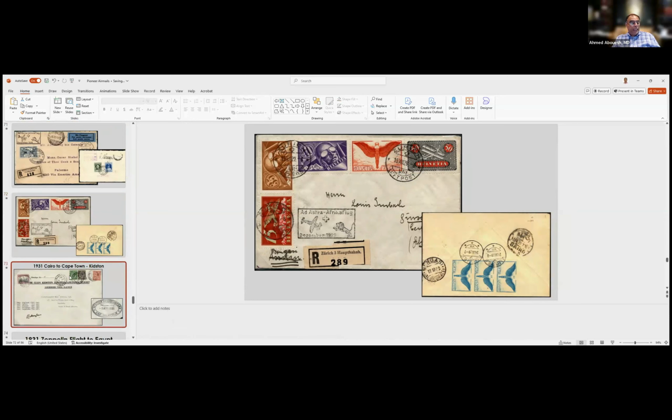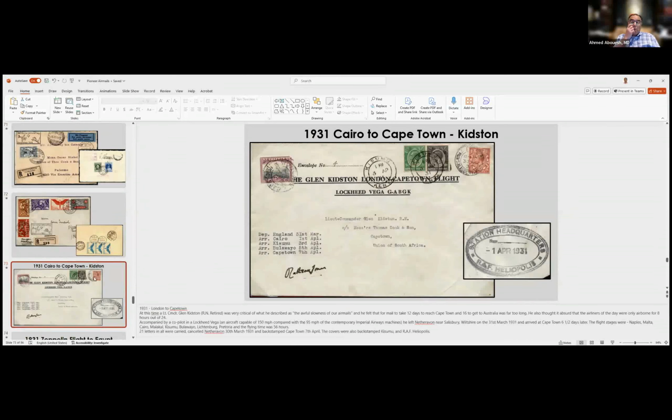Coming towards the end, the Glen Kidston London to Cape Town flight with these 5 stops, 20 covers were flown. This I believe to be envelope number 4 in 1931.